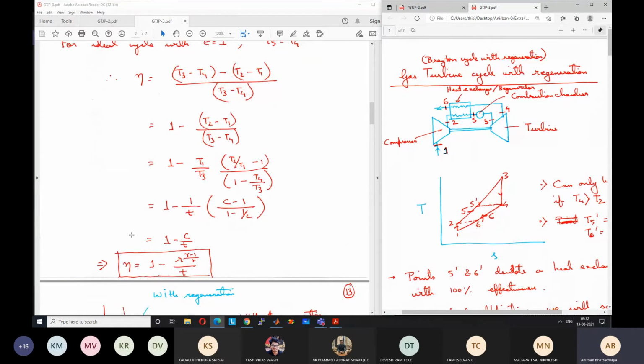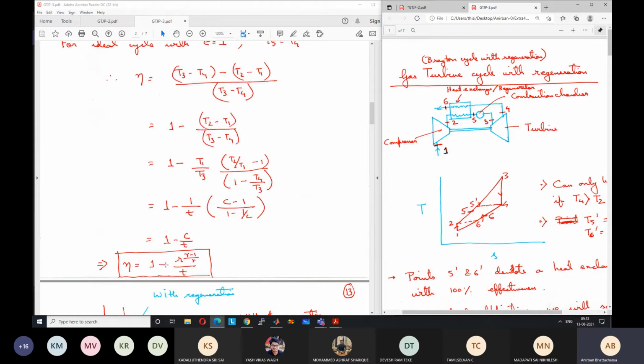So this is the expression for the efficiency of the ideal Brayton cycle with regeneration. Okay, efficiency for ideal Brayton cycle with regeneration. Which can also be written as 1 minus R to the power (gamma minus 1) by gamma divided by T. Okay.